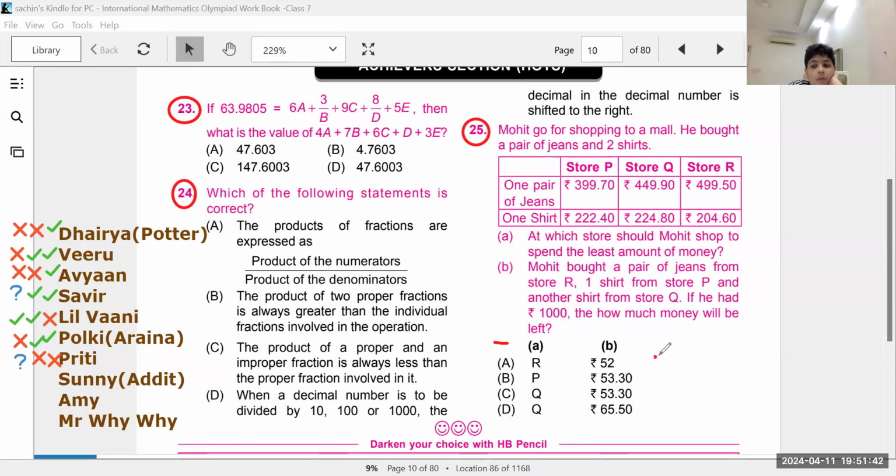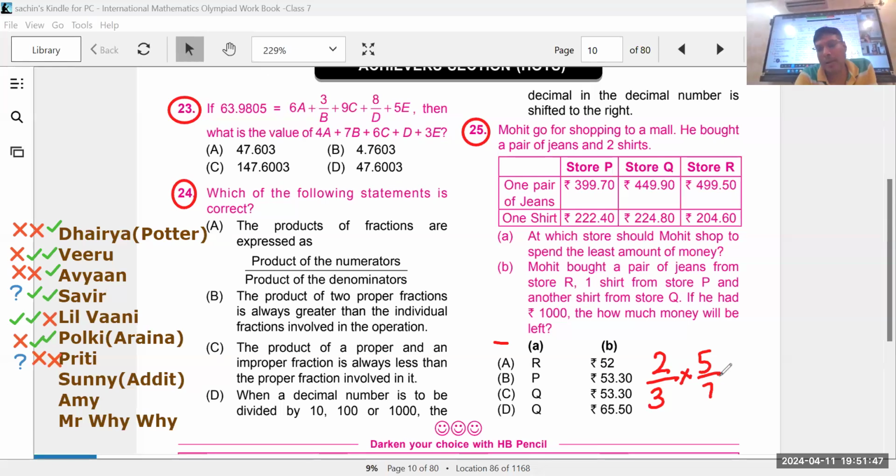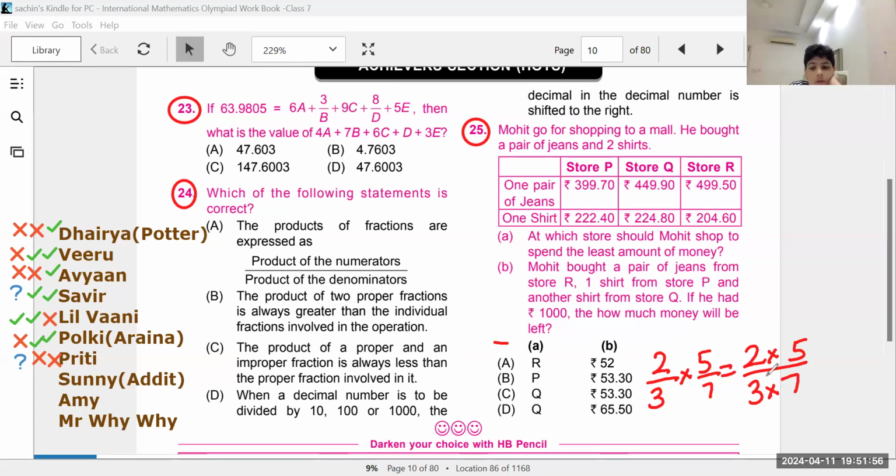False. Why? 2 by 3 into 5 by 7 can be written as 2 by 5 times 3 by 7. Can it be written like this? Yes or no? So it is true. I can't say that. Understood? Yes or no? Okay.